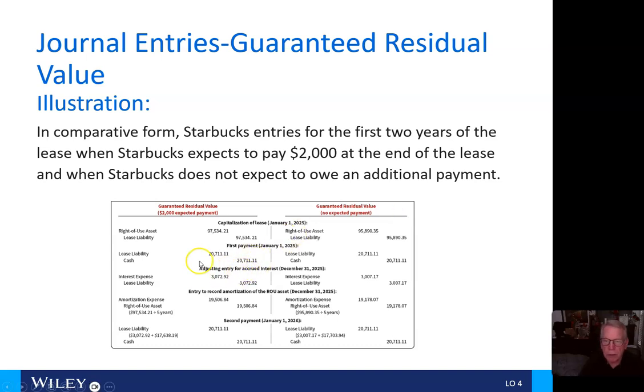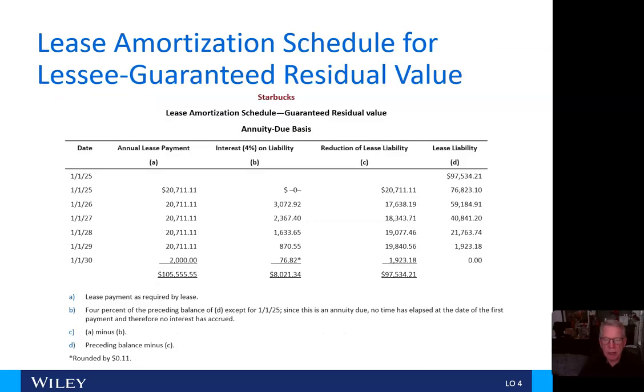As you can see, the first year we do that entry, but then we do an adjusting entry at the end of 2025 where we debit interest expense and credit lease liability for $3,072.92. And if I go back here, you can see that computation for the interest expense.